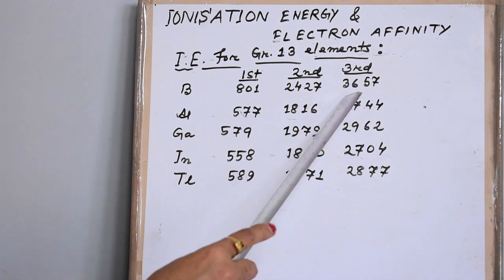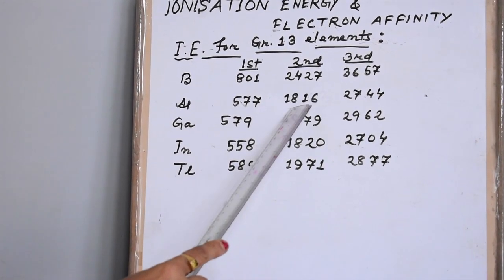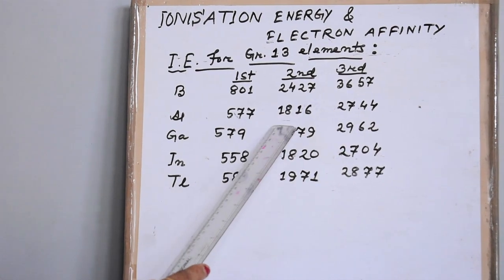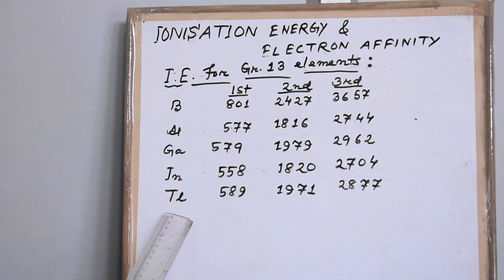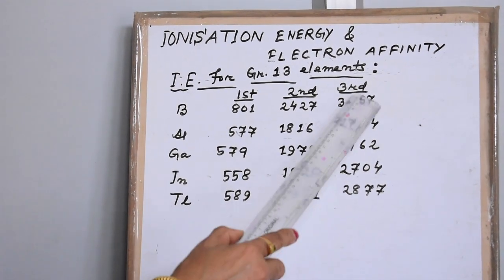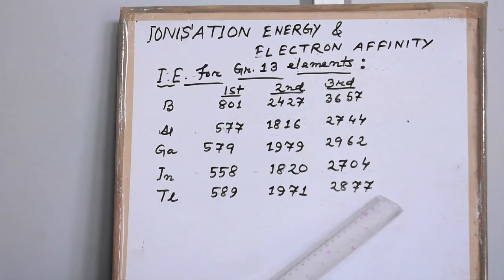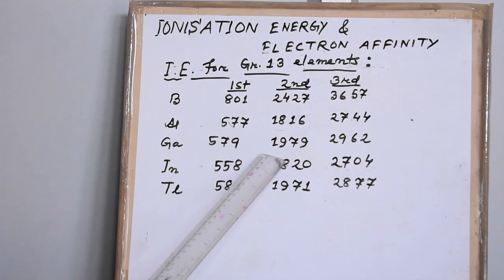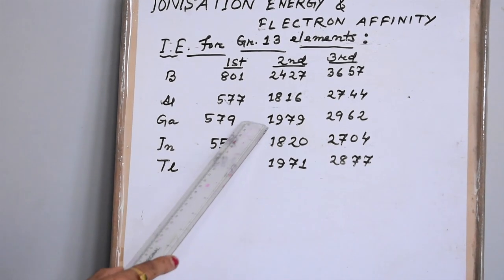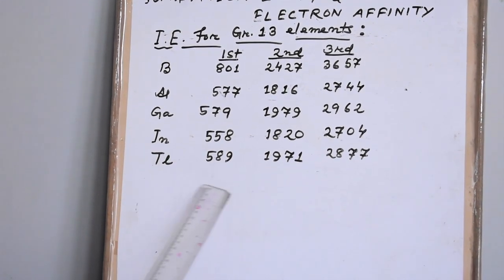That means the third ionization energy is more than the second ionization energy, which is more than the first ionization energy. In the case of the other elements, we see that the third ionization energy value is greater than the second ionization energy value, which is greater than the first ionization energy value.